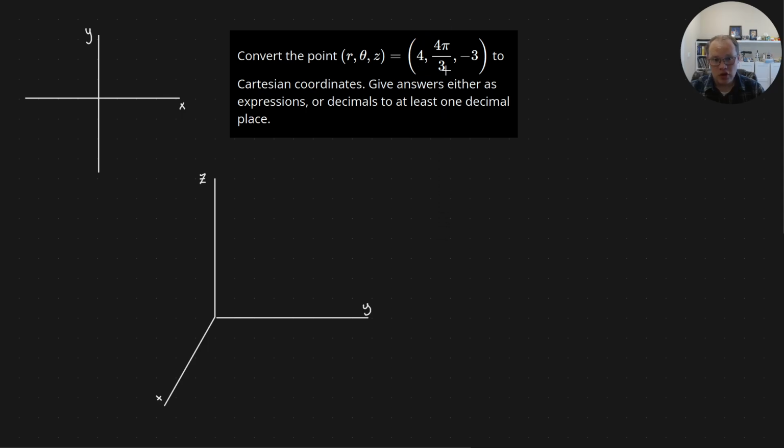So I'm going to start by plotting 4 pi over 3, get my angle. Which quadrant is that in? Well, it's bigger than pi over 2, it's bigger than pi. Pi would be 3 pi over 3, right? So 4 pi over 3 is a little bit more. So this is going to be in quadrant 3.